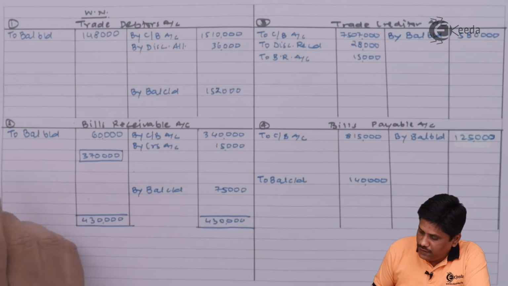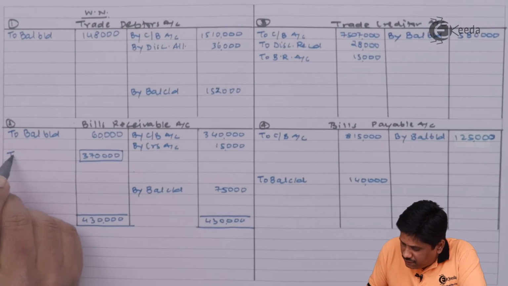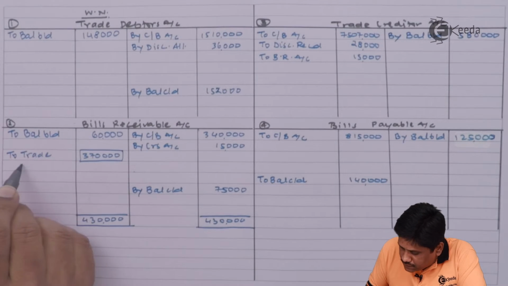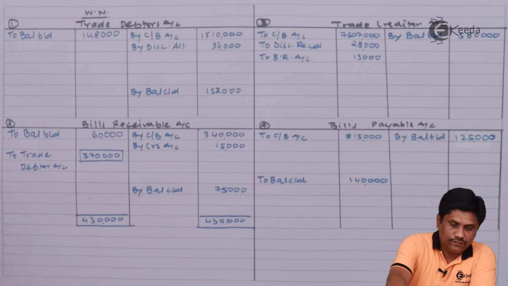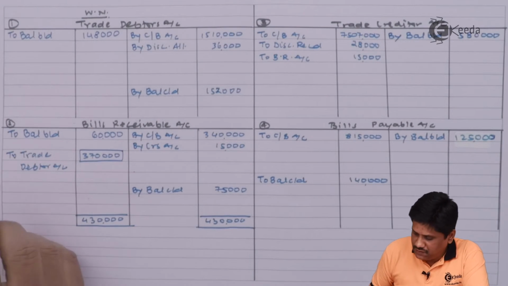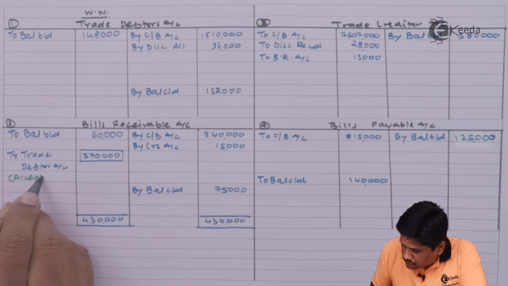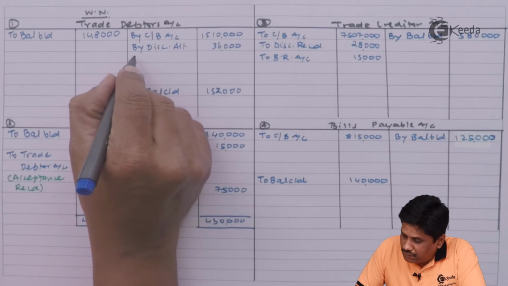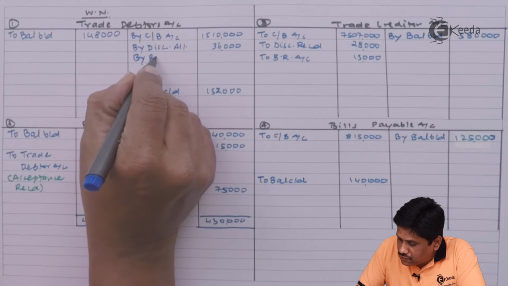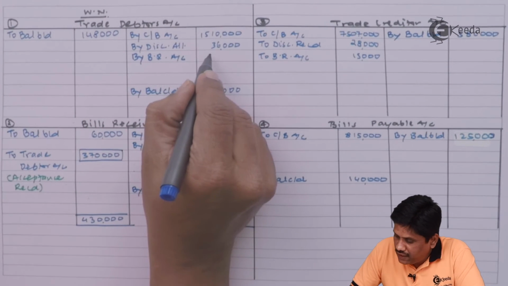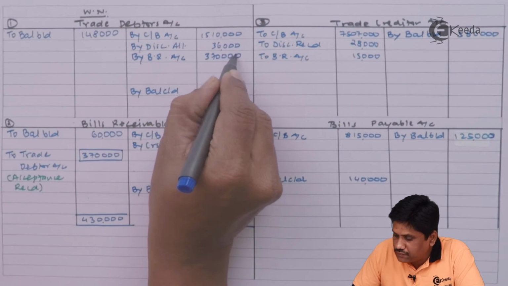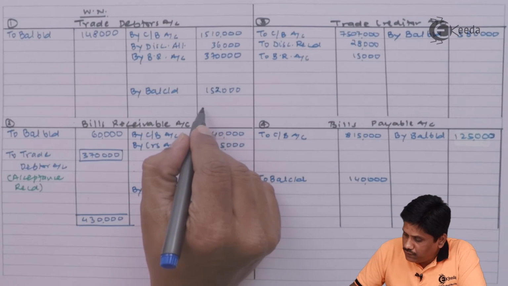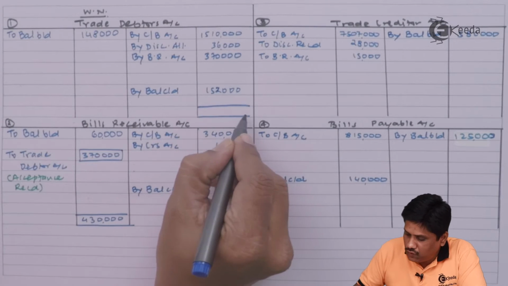So bills receivable account will be debited and it will be credited to trade debtors account. These are acceptances received. Debtors will be credited by bills receivable account, 3,70,000.